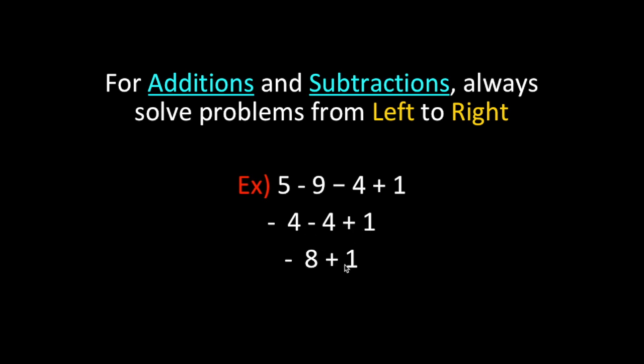Then you bring down the 1. Now you have two numbers with different signs, -8 plus 1. So you're going to subtract. The answer is 7. Because 8 is larger and has a negative sign, you keep the negative sign. So your answer is -7.